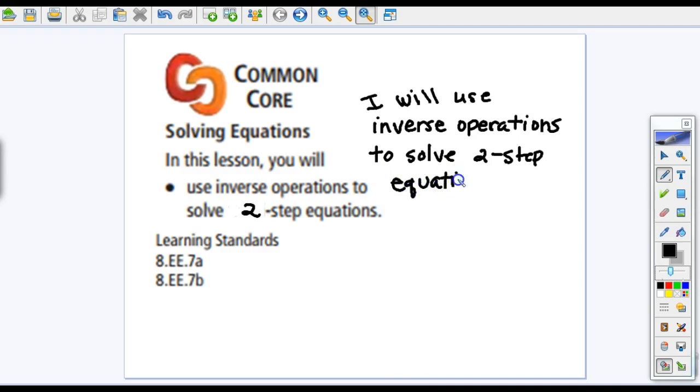Make sure you get this written down as your objective for tonight's lesson. Your title should be Solving Two-Step Equations. If you need more time, push pause and then resume play when you have it all written down.